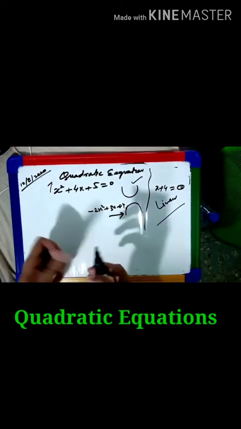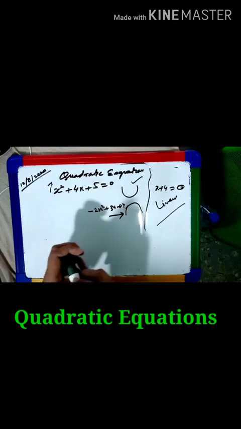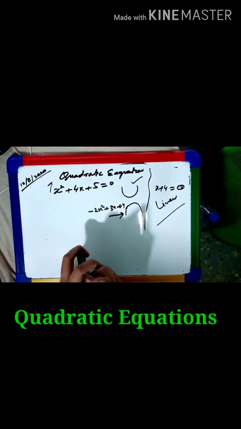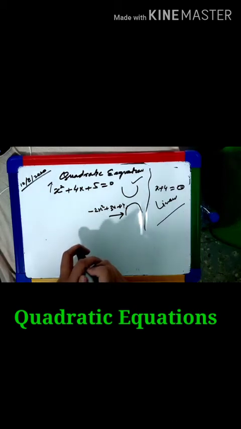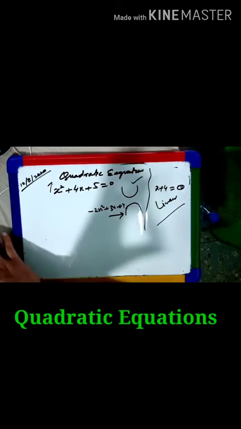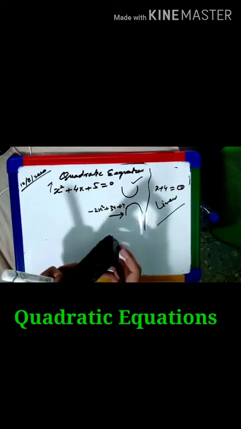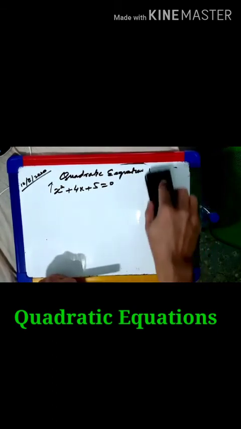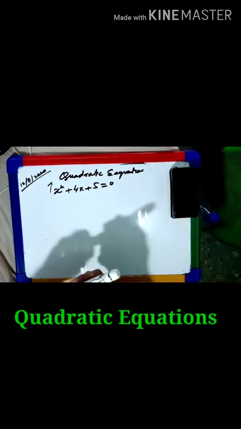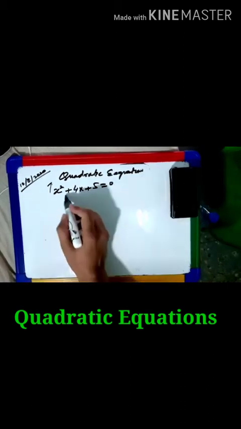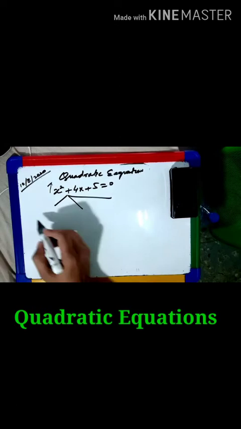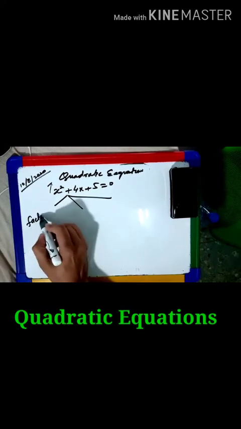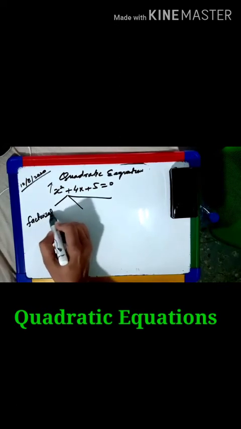And now the next thing is how to solve the quadratic equation and why we solve the quadratic equation. Whenever they say solve the quadratic equation, there are some prerequisites required in order to solve. So there are 2-3 ways to solve this equation, 1, 2 and 3. The first is factorized form, factorization.